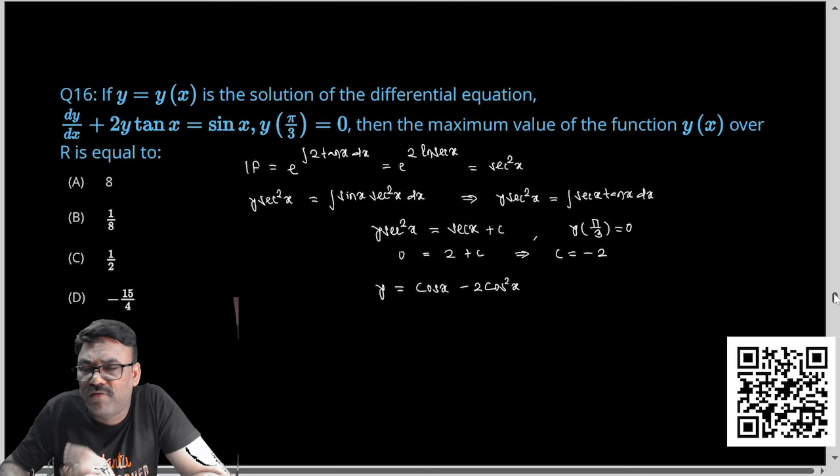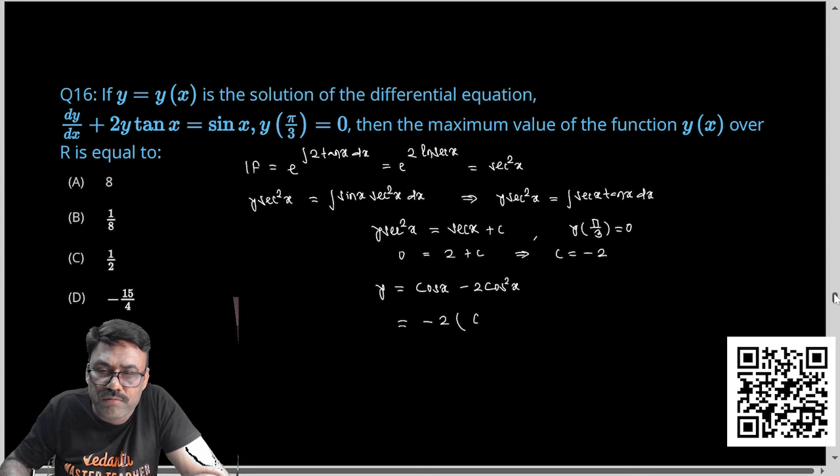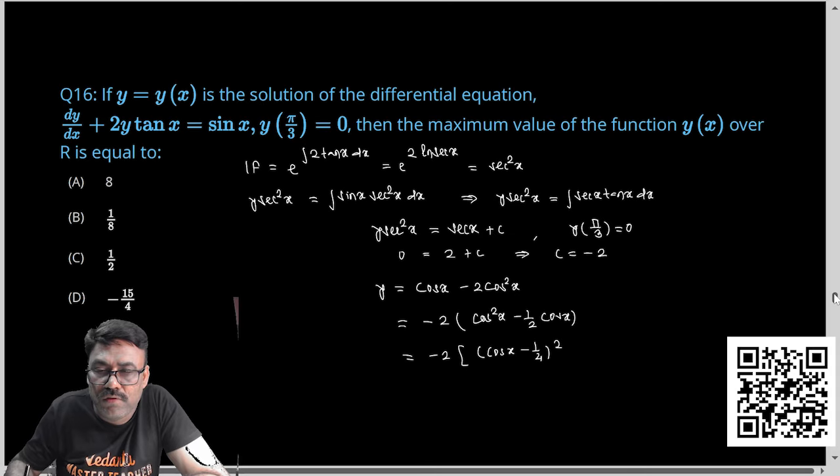And now you need its maximum value. So just make it a perfect square. If I take minus 2 common here, it will become cos square x minus half cos x. And now I can write it as minus 2 times (cos x minus 1 by 4) whole square minus 1 by 16.